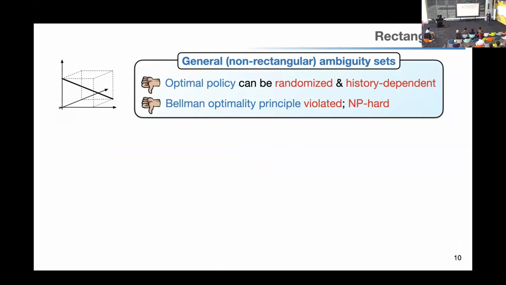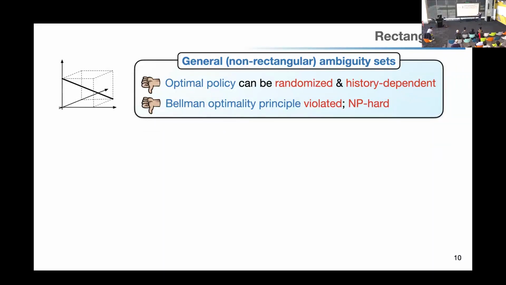From a statistical viewpoint, I believe the ambiguity set that I was just presenting is meaningful, but that's only one side of the story. Of course, we also need an ambiguity set that we can compute things on, that we can compute an optimal policy for. And unfortunately, it turns out that in general, for the class of ambiguity sets that I was just discussing, we can generate instances where all the optimal policies are randomized as well as history dependent.